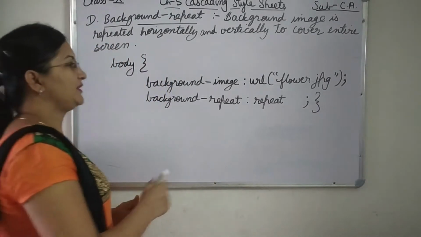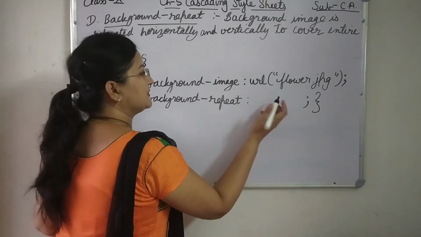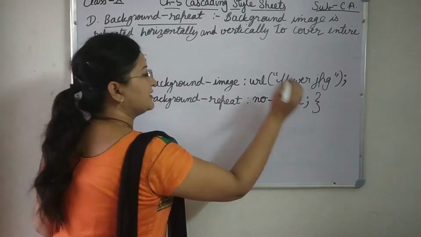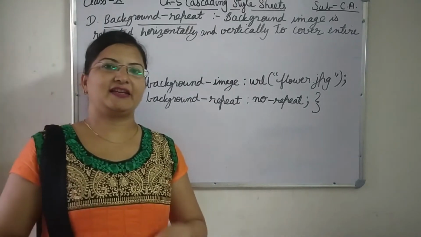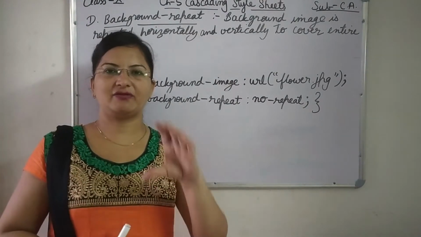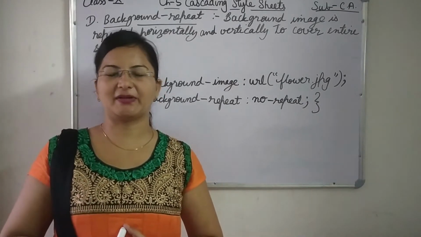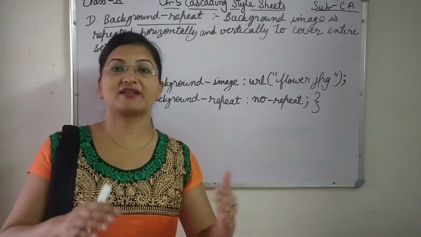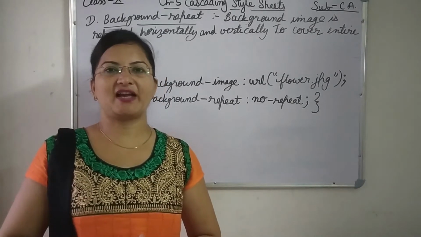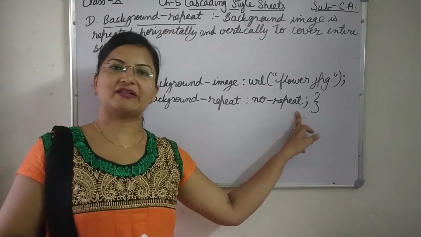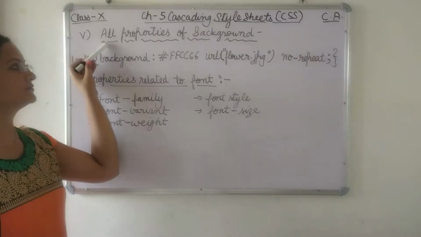Then if I write no repeat, that means the background will have one small image and it will not be repeated, because some web browsers automatically repeat the background and it doesn't look good. So if we don't want the background to be repeated, we will write no repeat.